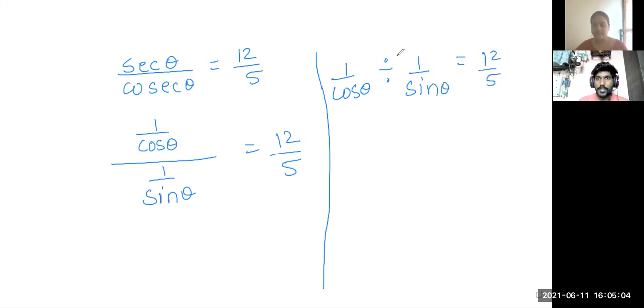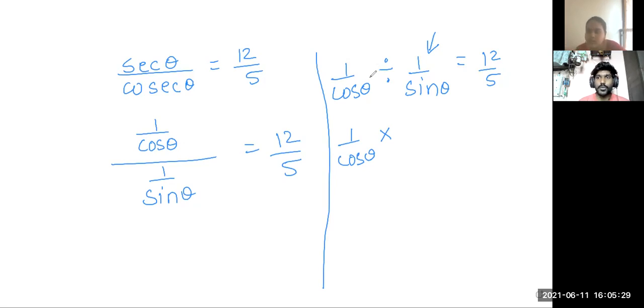Yes. Now, this division, I want to convert into multiplication. So when you convert into multiplication, what will happen of this? Wait, if it was 1 upon cos theta and 1 upon sine theta, it can't be cos theta and sine theta only.